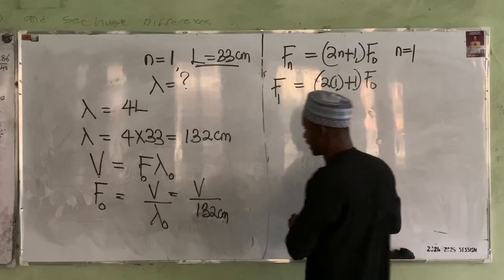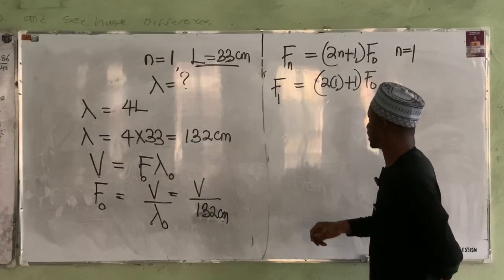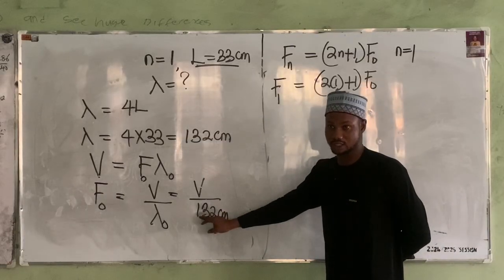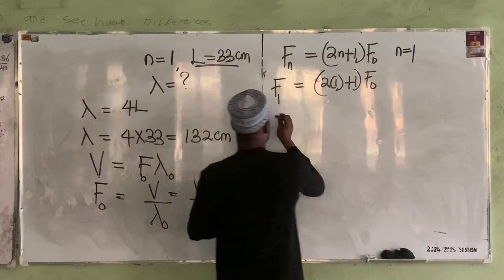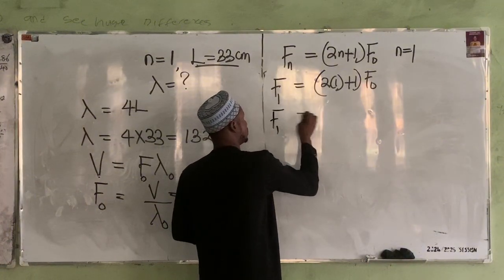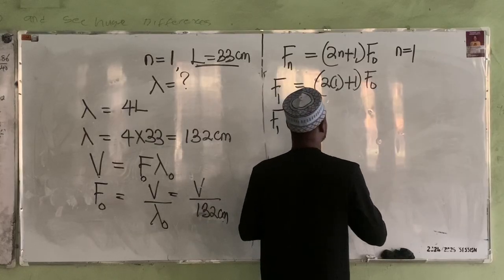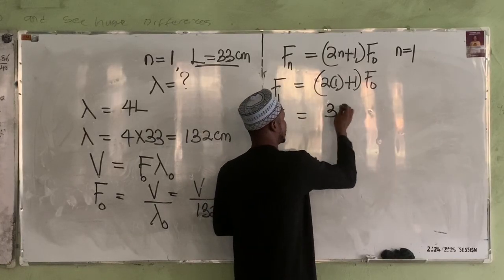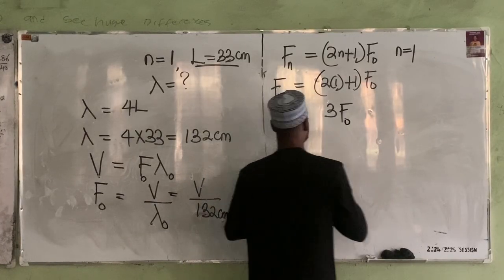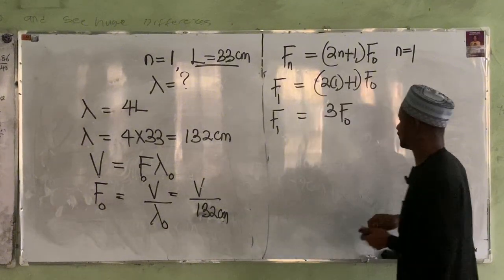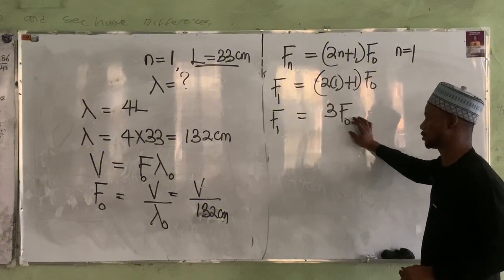But do we know what F naught represents here? What is our F naught, class? V over this, right? So I will have F1 is equal to this plus this, which will give us what, class? 3, right? That is 3 F naught here. We have this to be 3 F naught. So represent your F naught here.